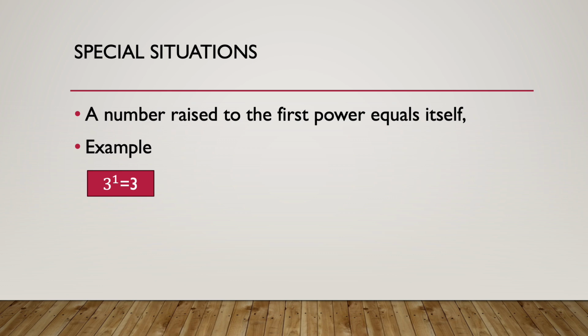Number 3 raised to the first power, the answer is number 3, because it equals itself. Second one. Number 7 raised to the first power. What is the answer? Number 7. Number 5 raised to the first power, so that means number 5.